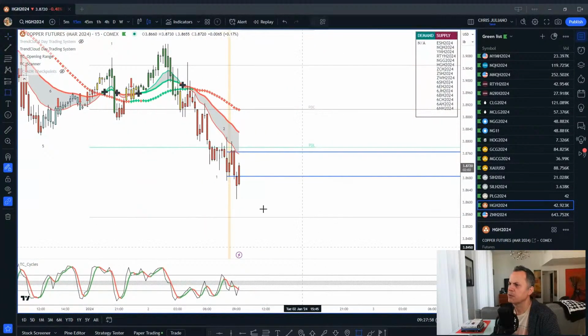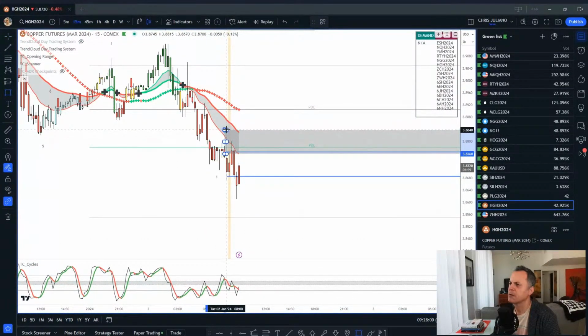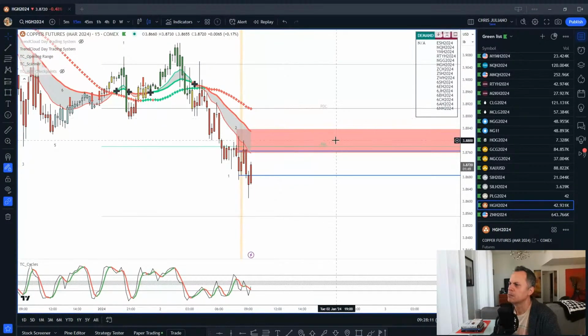Okay, here's the trend cloud from here to here. Pulling back possibly to that previous day's low, right in here.